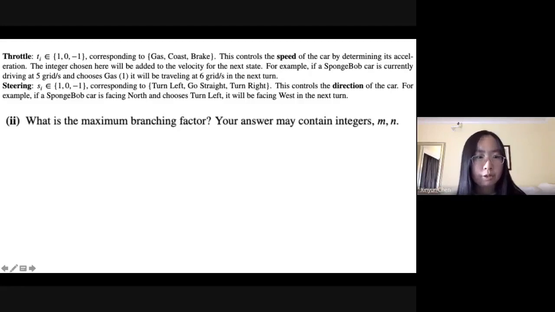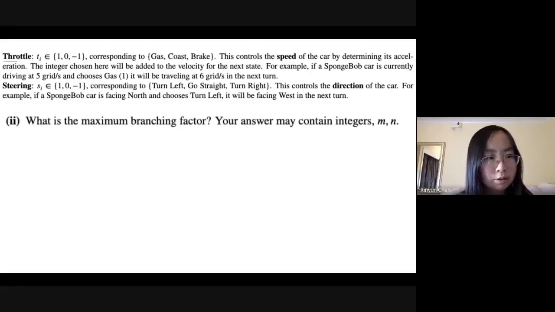So earlier we saw that positions, directions, and speed are the attributes of the class. But actually, here when we are computing the maximum branching factor, we need to consider what actions we can take. So there are two kinds of operations that are related to how we should compute the actions.